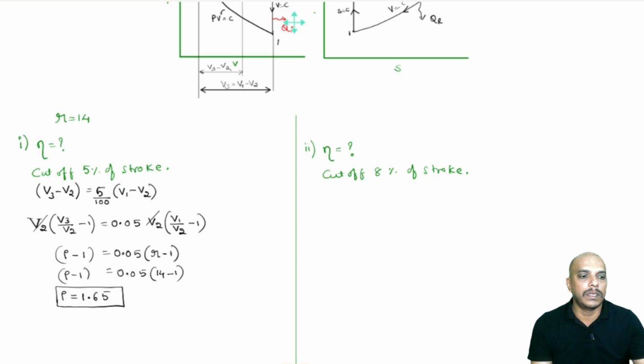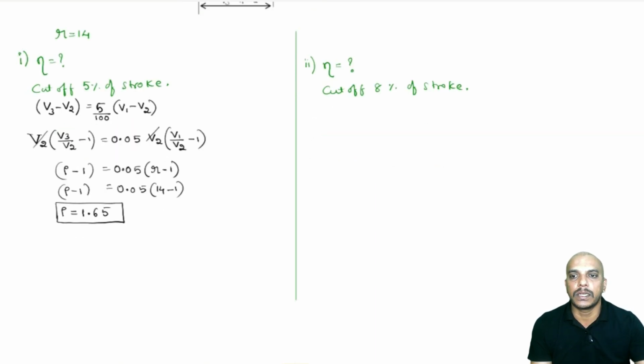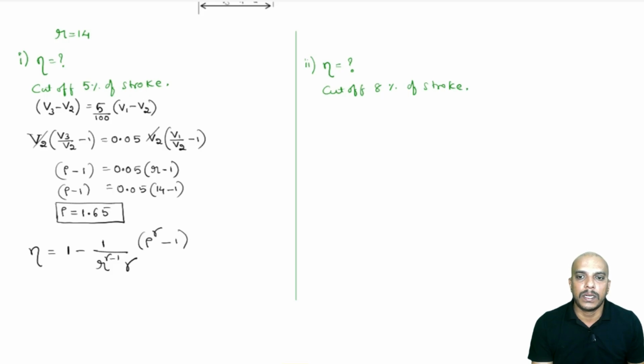Similarly, we will go for the second case, but before that let us find out efficiency. Now, efficiency of a diesel cycle is what? 1 minus 1 by R power gamma minus 1, into gamma times rho power gamma minus 1 divided by rho minus 1.